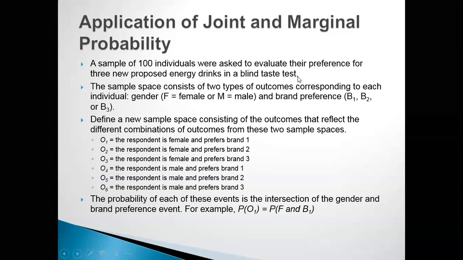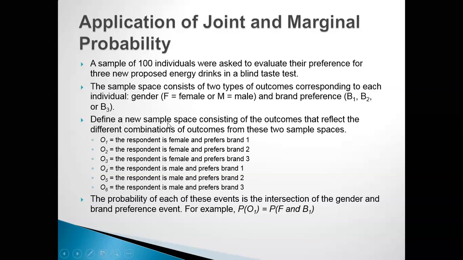It means that their eyes were covered, and then they were asked what the taste of a particular energy drink is. So the sample space consists of two types of outcomes corresponding to each individual. Here we have males and females separately, and their brand preferences will be B1 brand 1, B2 brand 2, and B3 brand 3.